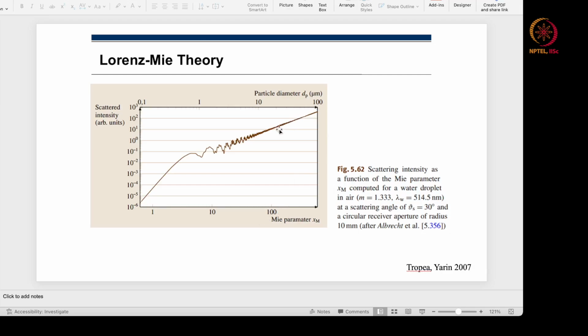In a logarithmic scale, it goes like this and then tapers off very fast. From a droplet particle diameter of 0.1 micron all the way up to say 10 micron, we have a drop of almost 10 to the power of 5 or 6 in the scattered intensity. This is the kind of thing that we are talking about.